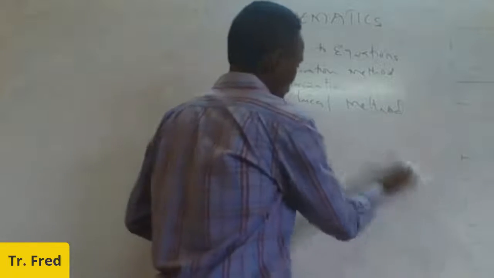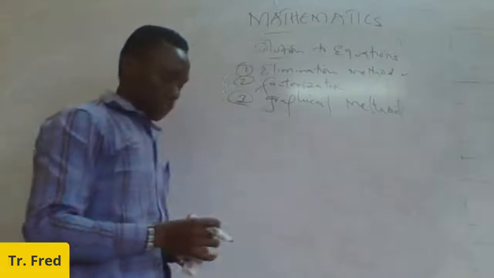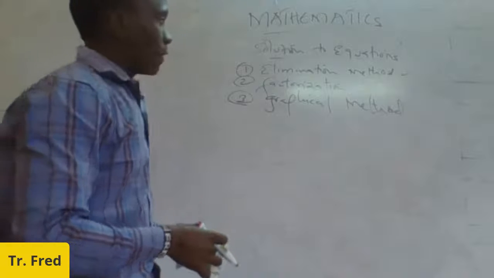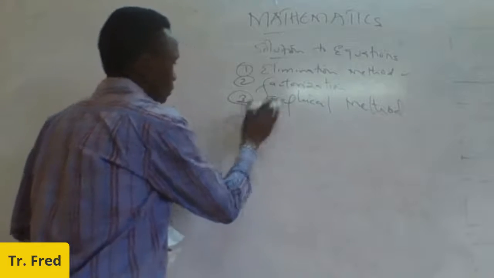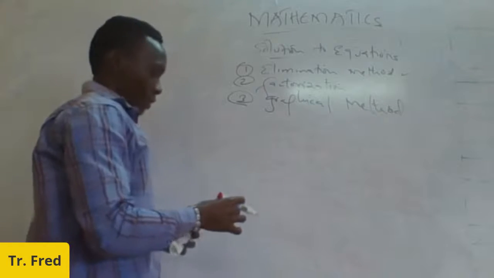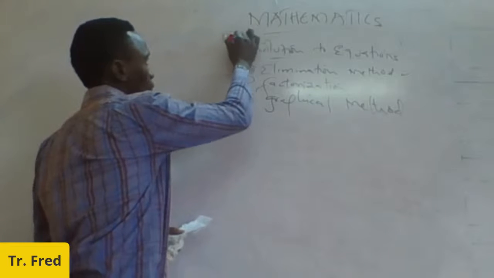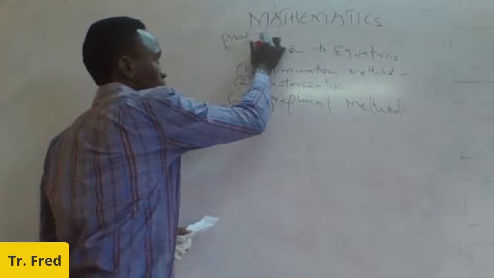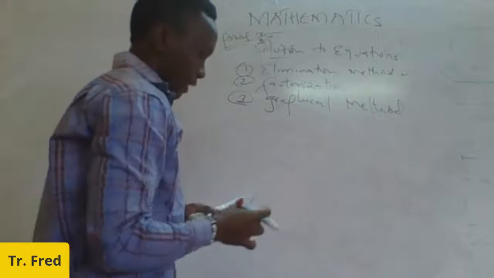But this question here is trying to test us on the first method, which is the elimination method. In the elimination method, we first do away with the values of y or the values of x, and then we combine them. Then we check, using the values we have gotten for x and y, to see whether they give us the real numbers that are being provided.